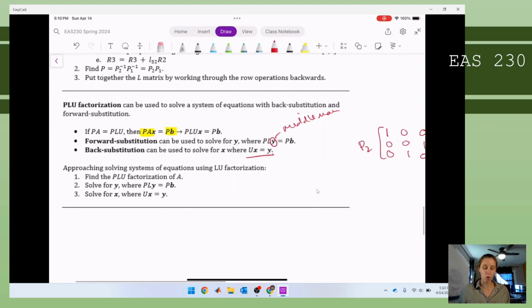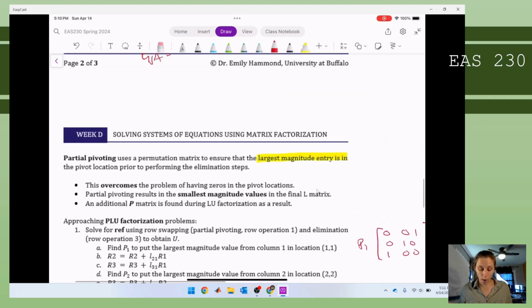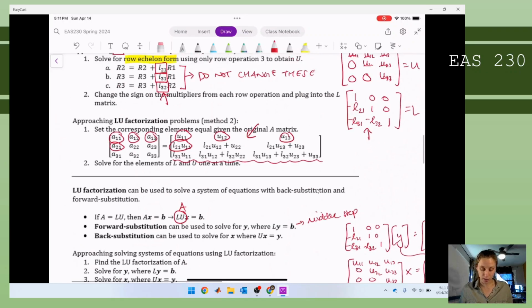And like I said, we will go over many examples in class, talking through how to do this. Note, it is the same steps every single time. You do not get creative with LU and PLU factorization. It's essentially just Gauss elimination in an algorithmic, exact way, where it's always these row operations.